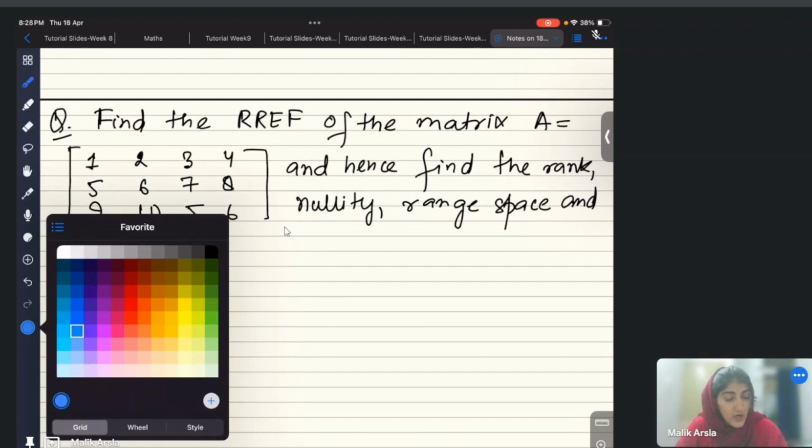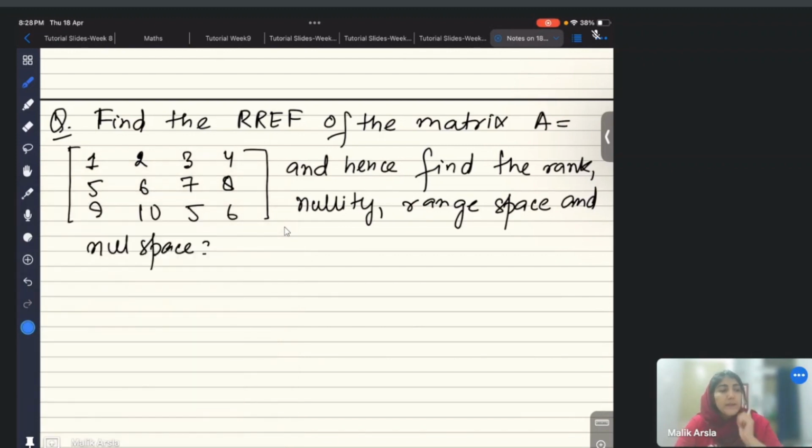You know how to find the RREF. Basically all the leading entries of any row we have to make 1, and the rest we try to make 0, in order to achieve the row reduced echelon form of any matrix.